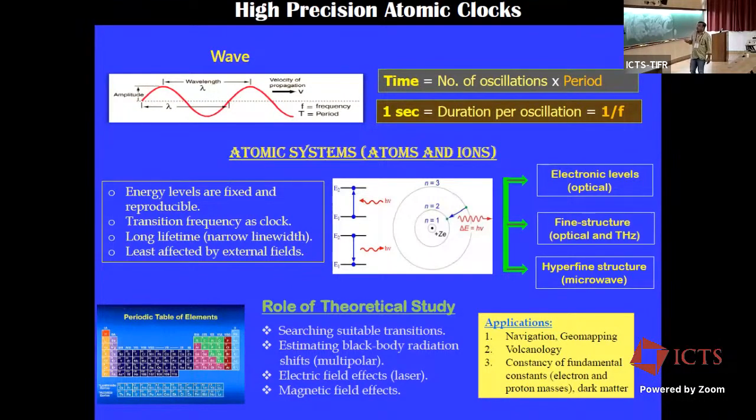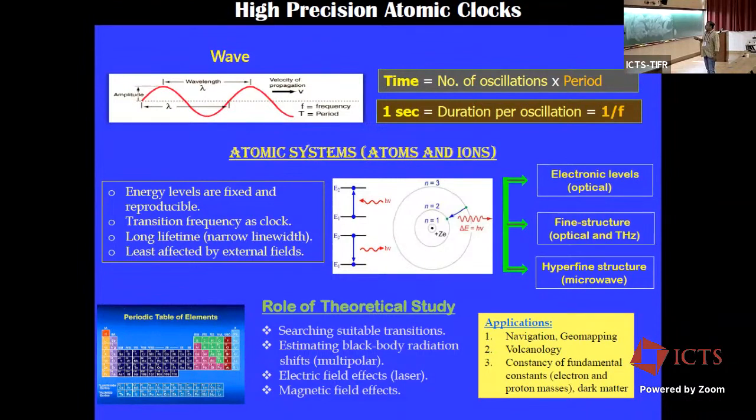And what are the basic requirements for that? The long lifetime, which was already discussed. That means narrow line width, and the states associated with the transitions should be least affected by external forces like electric fields, magnetic fields, and so on. Based on that, we can divide the electronic levels of atomic systems: electronic levels which could be in the optical region, then we can have optical clocks.